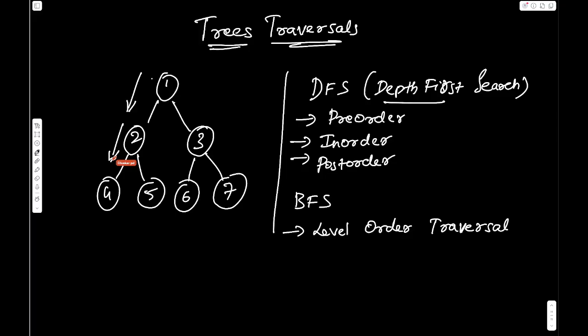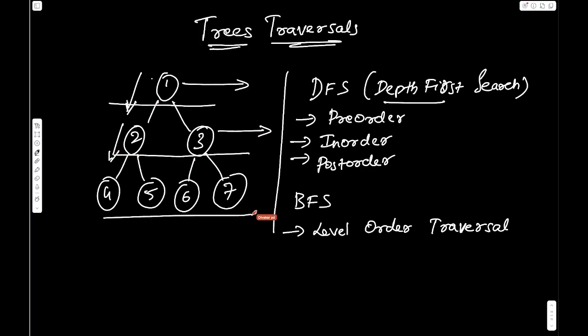You see this arrow mark, right? It goes into the depth of the nodes. That is why we call it depth first search. Now let's see how breadth first search works. In breadth first search, the traversal happens at each level. So if the arrow mark goes at each level, then that is called breadth first search.